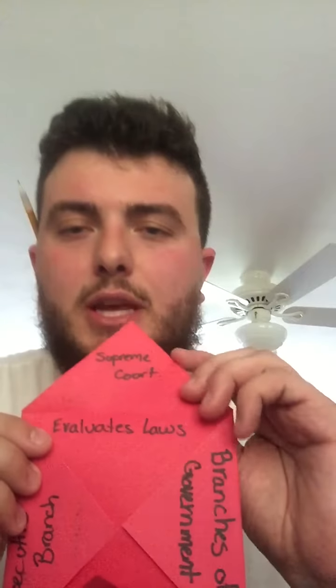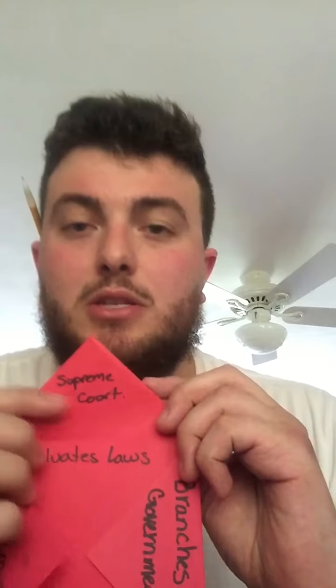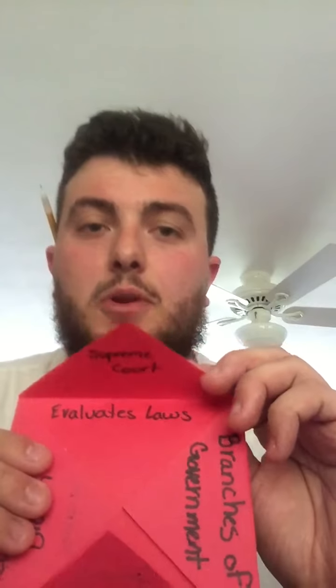On the inside, one side has judicial, your executive, and your legislative branch. It's a quick little reminder. When you open it up, the judicial branch says it evaluates the laws, and the Supreme Court is underneath that, which is huge.